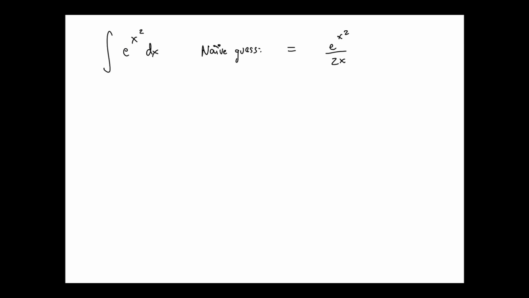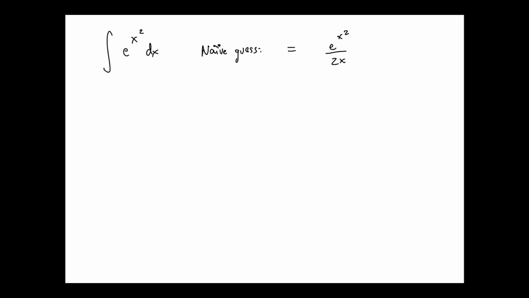Well, you said the antiderivative of e to some stuff is e to the stuff, so we're good there. What's the derivative of the exponent, x squared? 2x. If we were doing the derivative, we would have to multiply by 2x. We're doing the antiderivative, so maybe we divide by 2x. Seem reasonable?